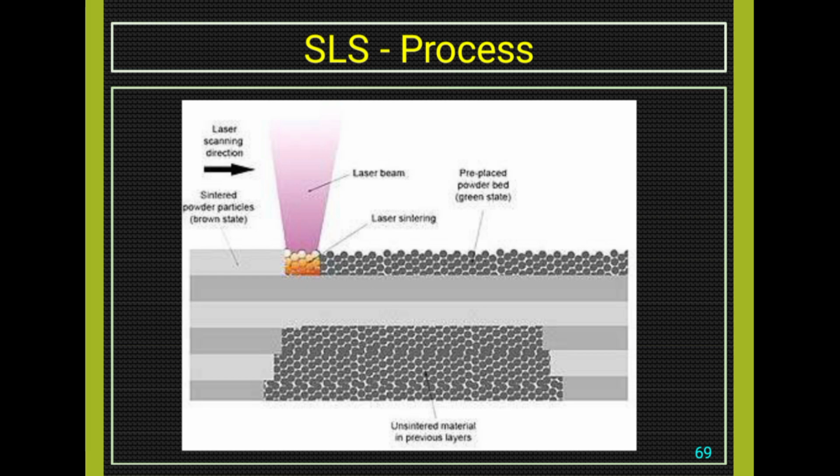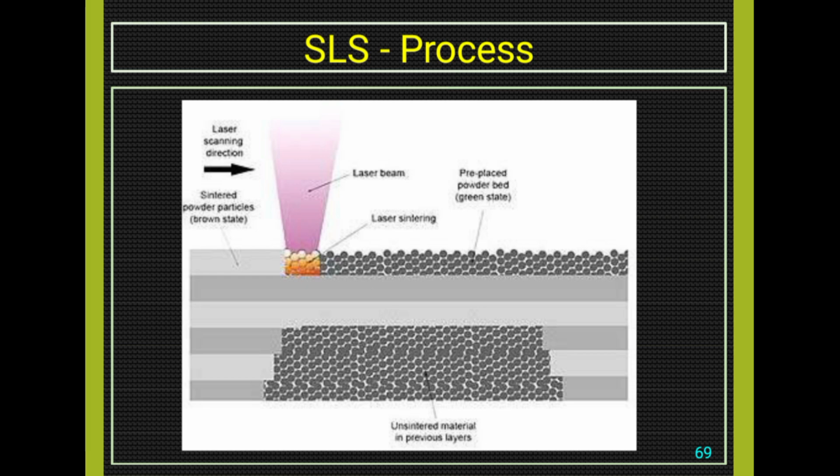The figure shows the SLS process. So here there are three systems. One is the roller mechanism. The roller mechanism will load the powder material in the build platform.